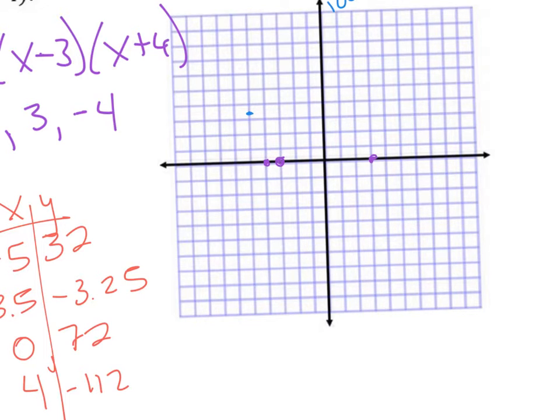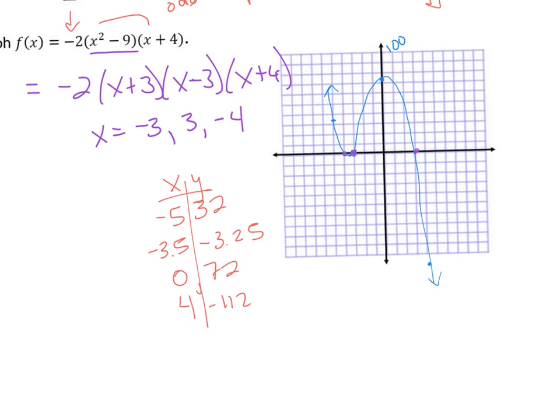Negative 3.25 is going to be just past that. Then we're going to go up to 72, which is going to be around there. And then we're going to go down to 112, which is going to be just past it. So here we go. We're going to come down this way, turn, come up here, and go down that way. Not too shabby. So there is our graph.